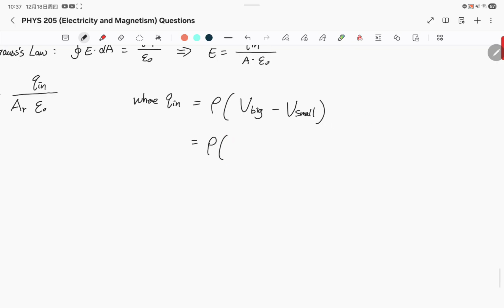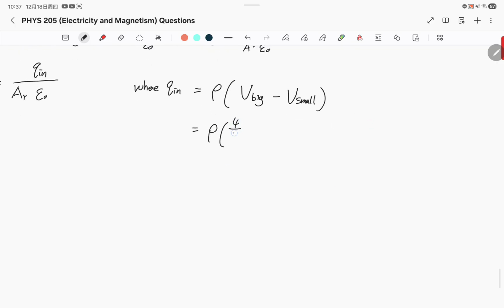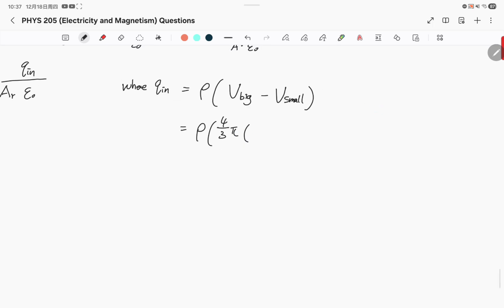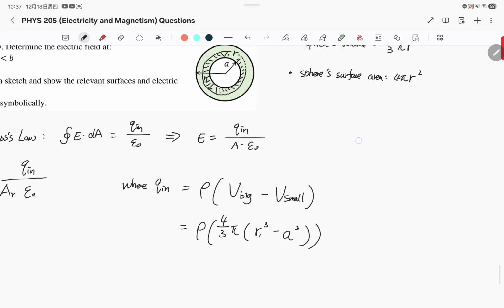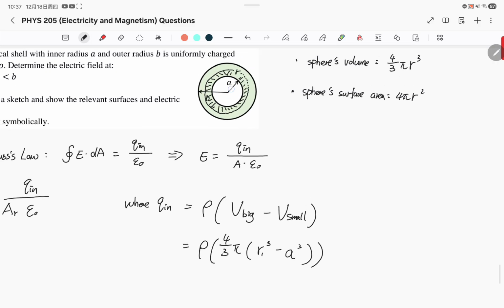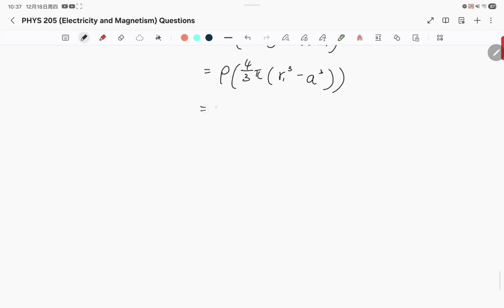V big is 4/3 pi times the radius cubed, minus the small radius, which is just A in this case. That gives me 4/3 pi rho times R cubed minus A cubed.